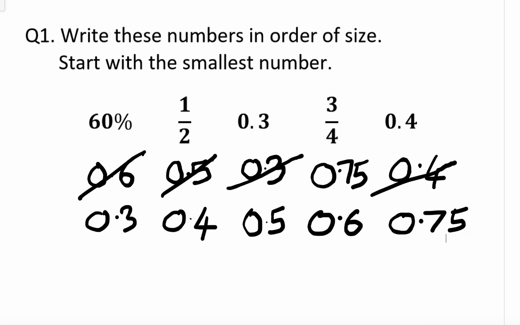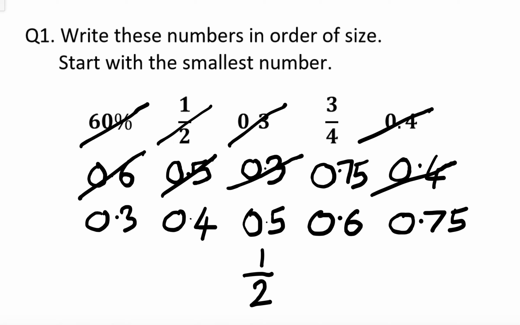Now, the order is right, smallest to highest, but they're not quite right because the question probably wants them in the same format they were to start with. So the first two, 0.3 and 0.4, are in the same format. 0.5, remember, was a half. 0.6 was 60%.